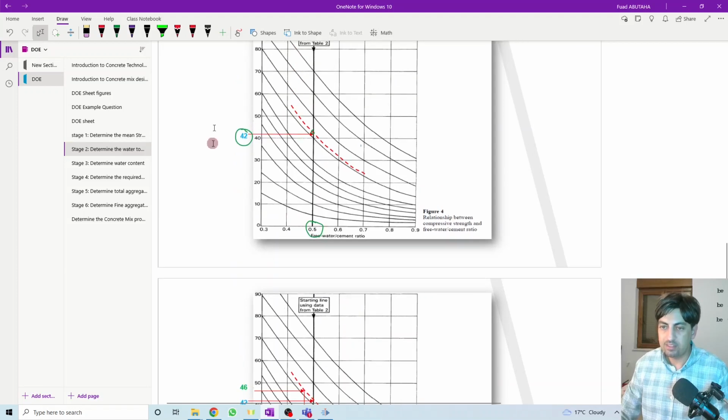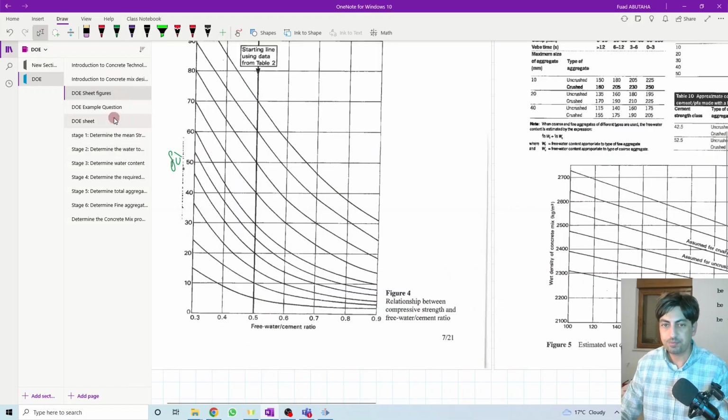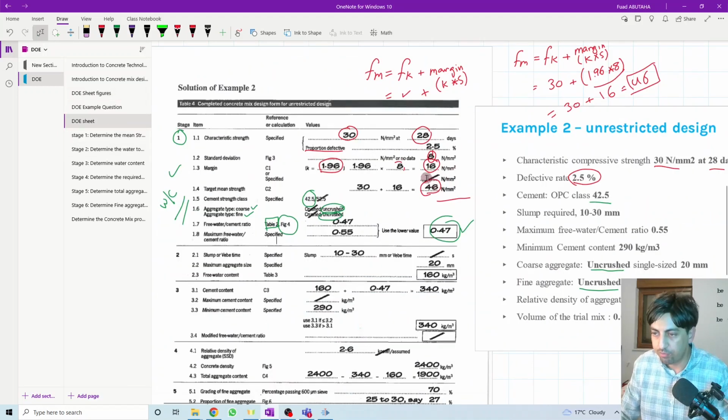Then this is the compressive strength as we said from the table, but this is assumed. This is all given in tables, but we are not designing for 42 megapascal. We actually design for a compressive strength of 46 megapascal, our target mean strength.